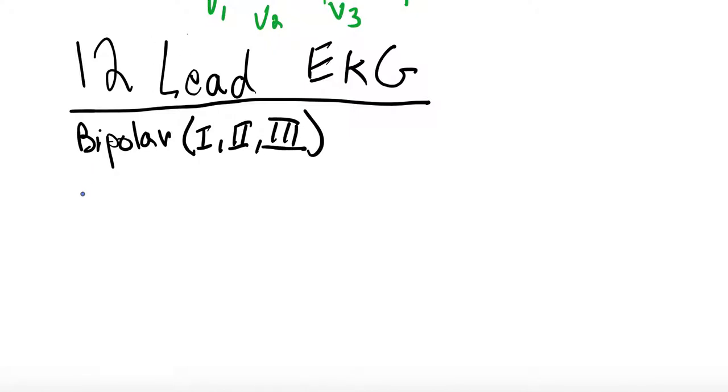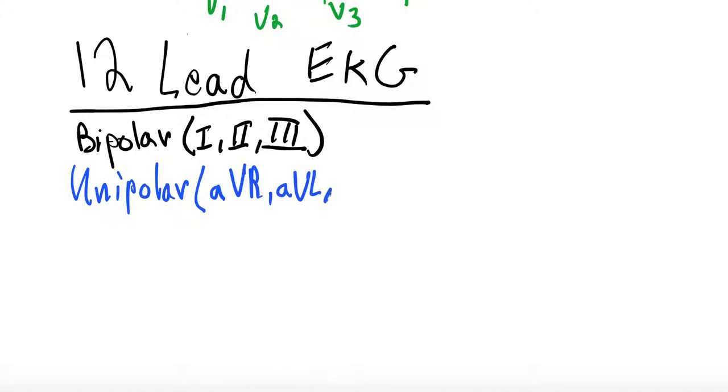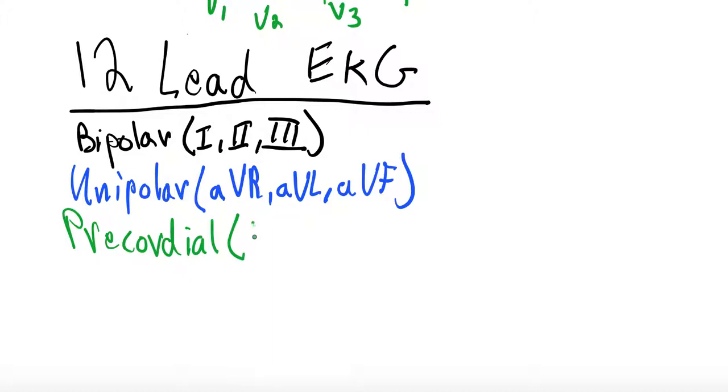The unipolar leads were blue, and remember, that's AVR, AVL, AVF, and then the precordial leads were green, and that is going to be V1 through V6.